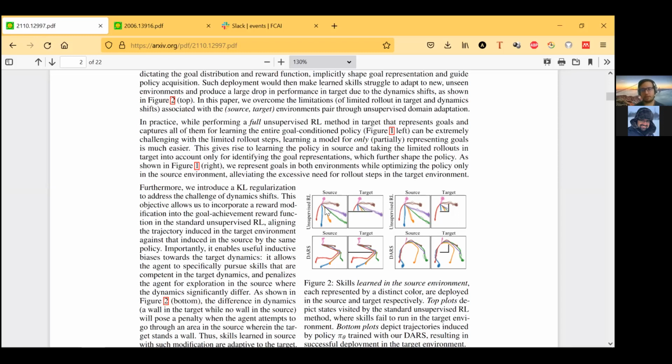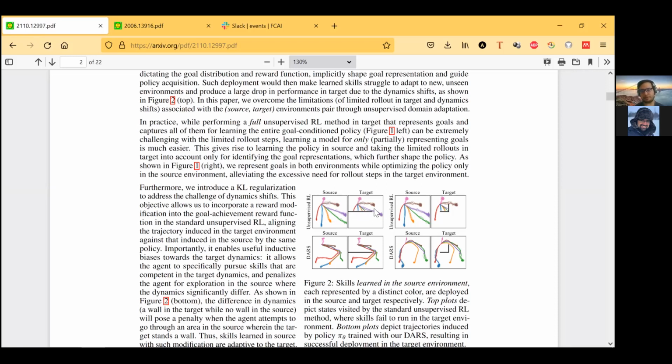And so if you train policies in the source environment, if you don't take into account these obstacles, you will end up with skills that do not reach the goal. So here you have some trajectories, and the big blob at the end is the goal of this goal-conditioned policy that you want to reach.